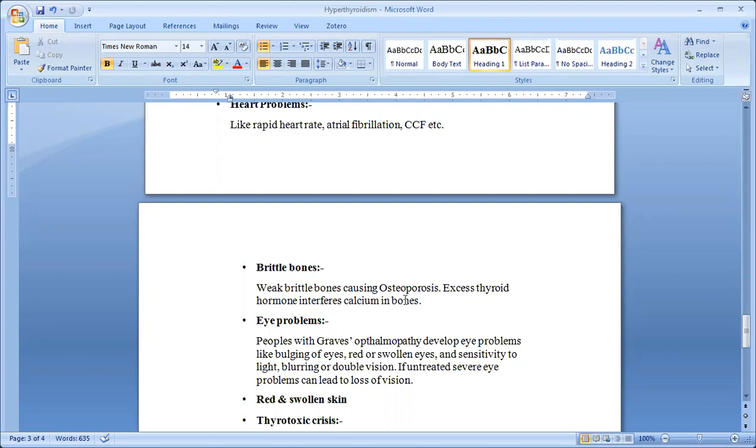What do we need to have strong bones? We need calcium, isn't it? If there is no calcium, then the bones will become weak. The bones will become brittle and cause osteoporosis. Due to excess thyroid hormone, it interferes with calcium in the bones.